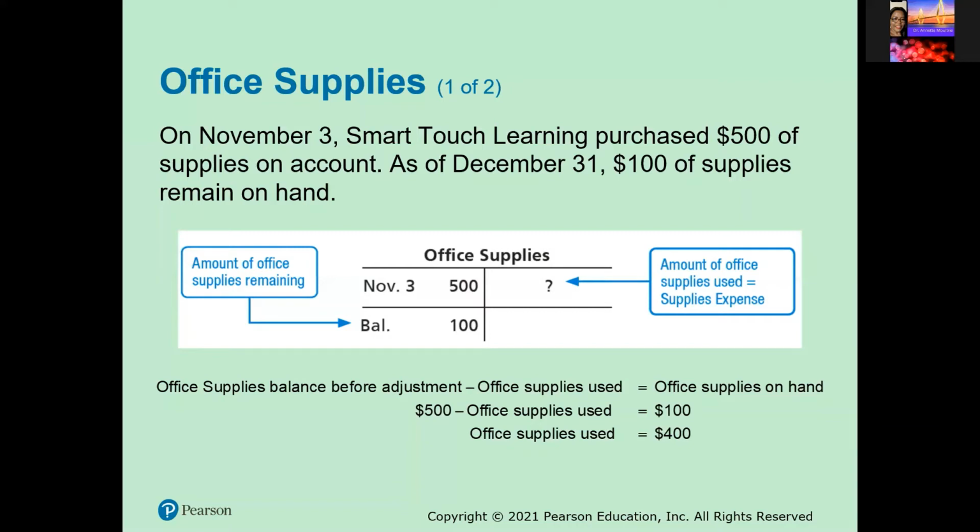This would mean that the current office supplies balance of $500 is no longer a fair representation of the amount of office supplies that Smart Touch Learning currently owns. Therefore, the adjusting journal entry is needed to properly report the correct balance of office supplies on the balance sheet.